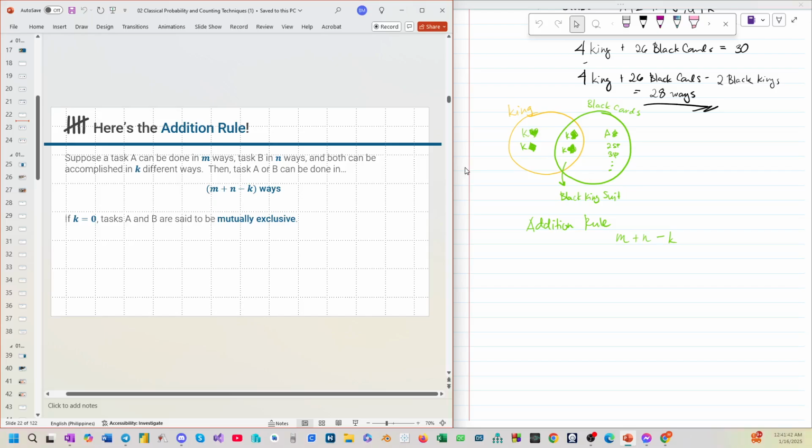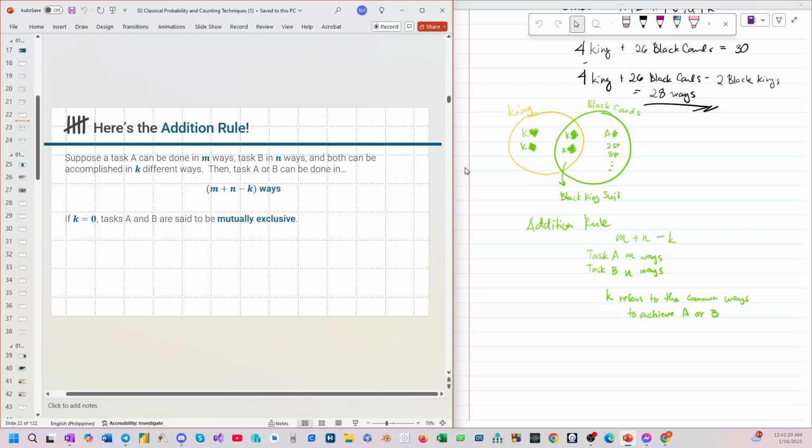Where M is the number of ways for task A, N is the number of ways for task B, and K refers to the common ways to achieve A or B. Alright?